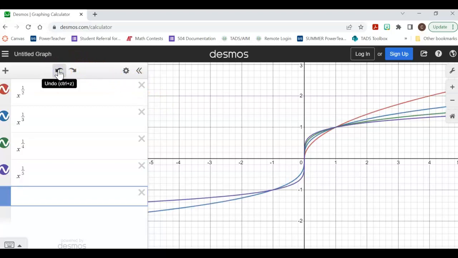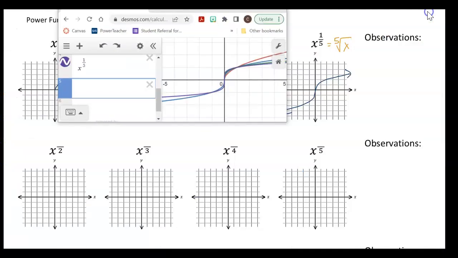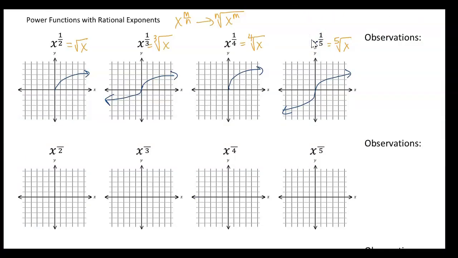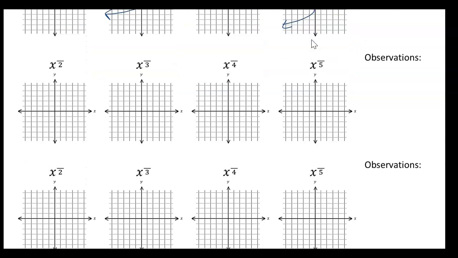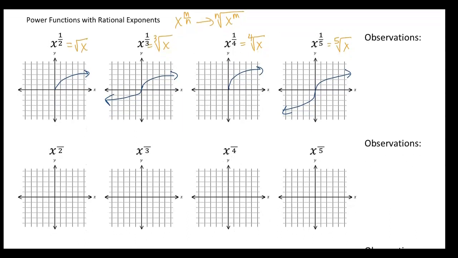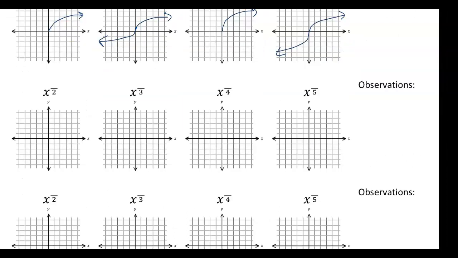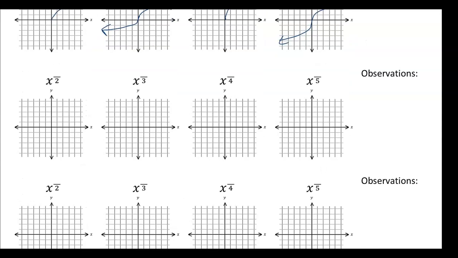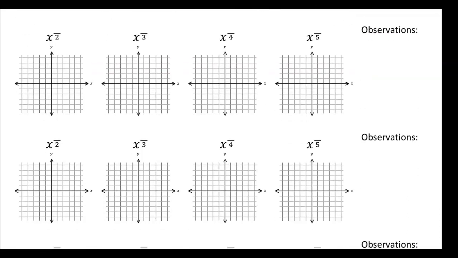Right now, before you get out your laptop, I want you to add this part in. If you look at the next row, I know you think you can do it on your own, but what are the numerators? For the first row, what were all the numerators? 1. So for this row, we're going to make all of these numerators 2. For the next row, we're going to make these numerators 3.